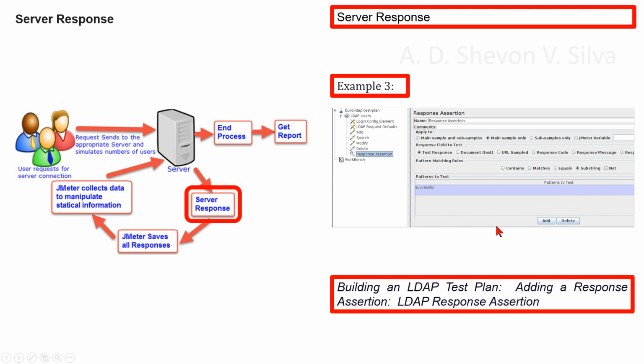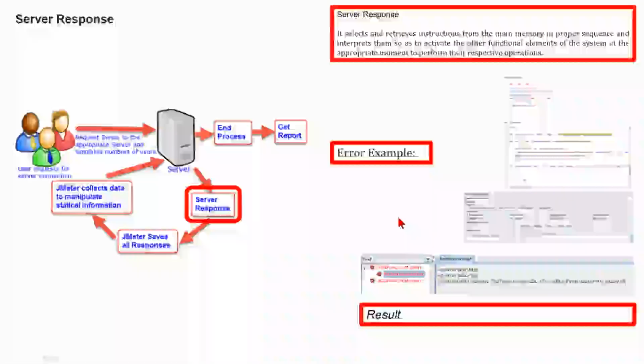Third, click the add button and add the string successful in the pattern to test field. Here you can see the LDAP response assertion.